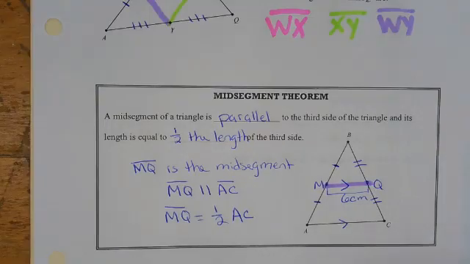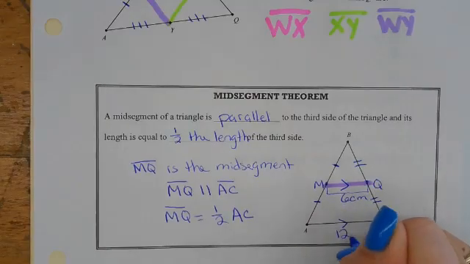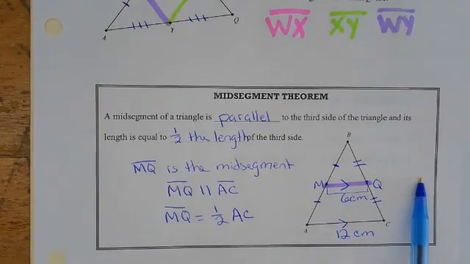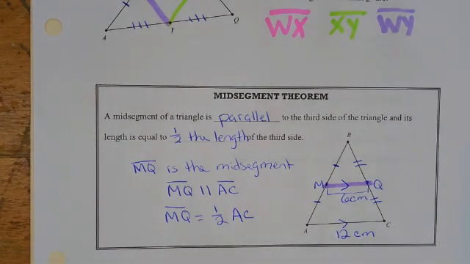The total of AC would be 12 centimeters. Because if I take half, which is 6, and if I have another half, which is 6, 6 plus 6 is 12. So AC is 12 centimeters.